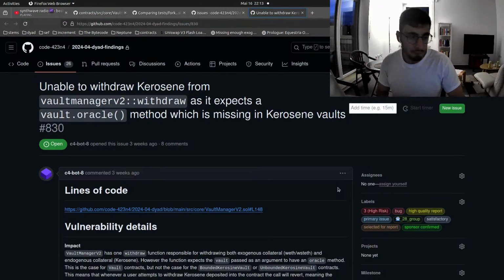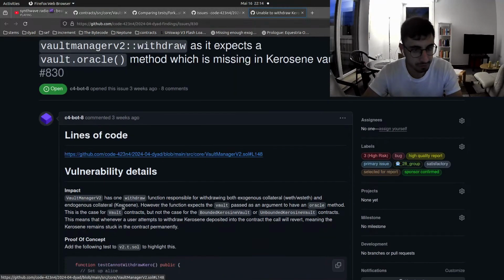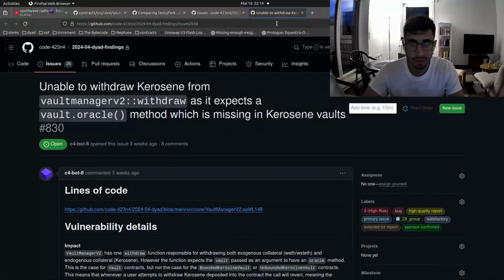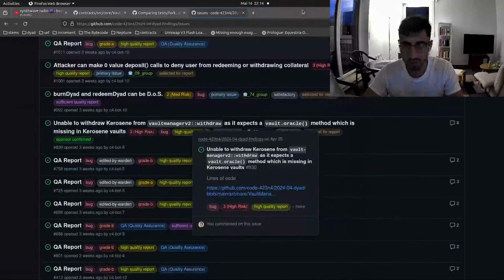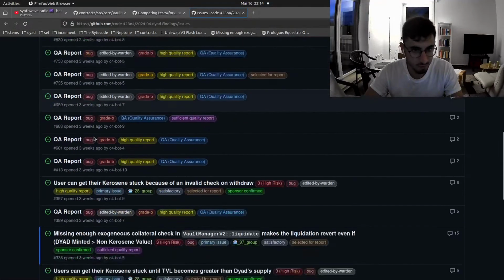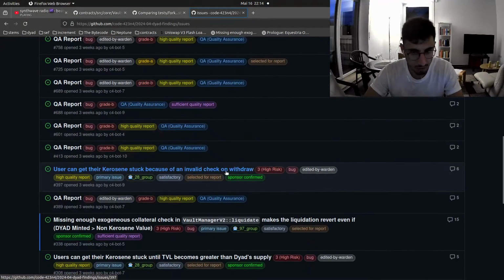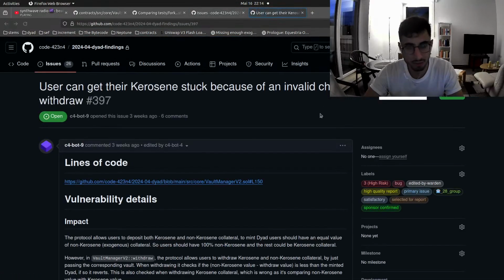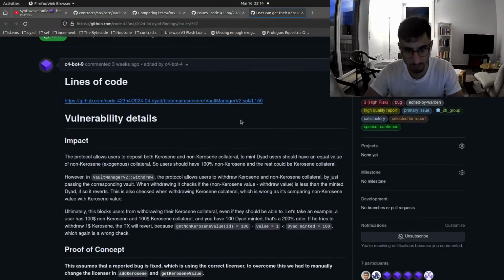Oh, nice. Okay. That's fixed. Next. QR report. User can get their kerosene stuck because of an invalid check on withdrawal.